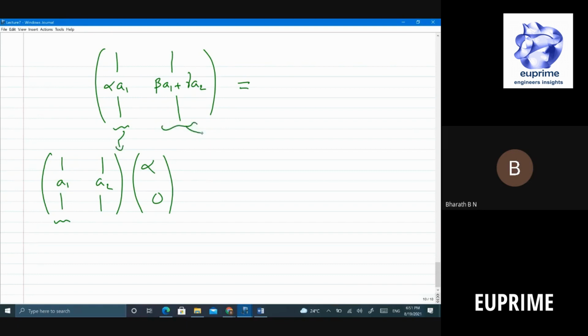What about the second column? What should I do? Again, I'll write it as A1, A2. So what should I multiply so that I get this? I should select A1, but multiply it by beta, and I should select A2 but multiply by nu.